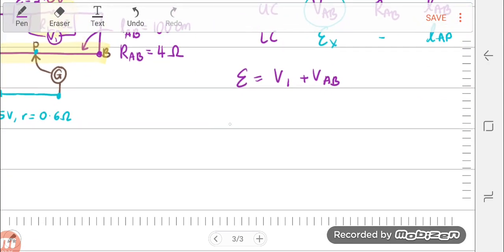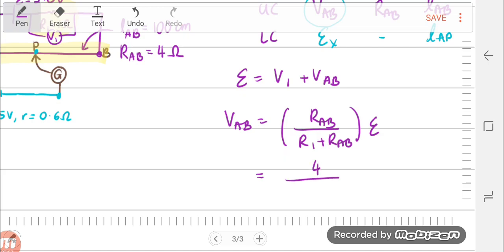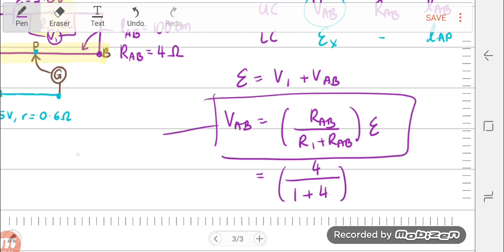To find VAB, we use the potential divider equation: RAB over R1 plus RAB, times EMF. If you look at the back of your tutorial book, you can see there are plenty of equations, and one of them is this one. This is the potential divider.